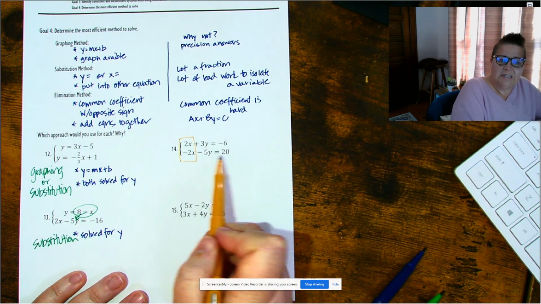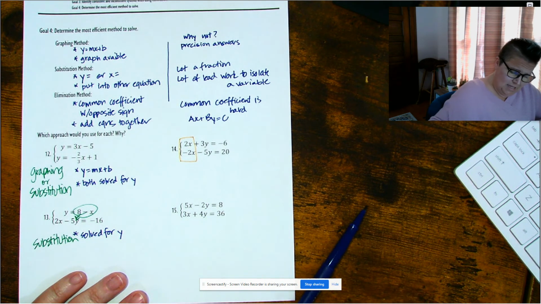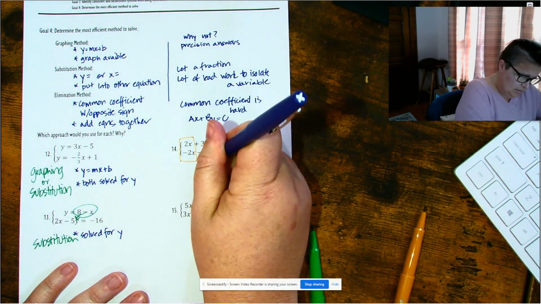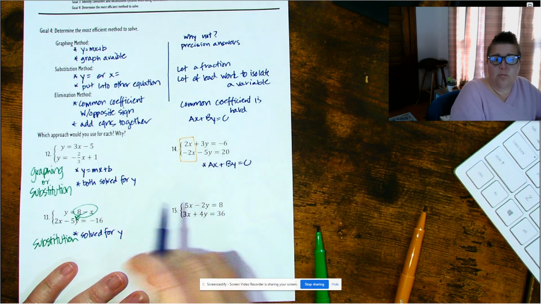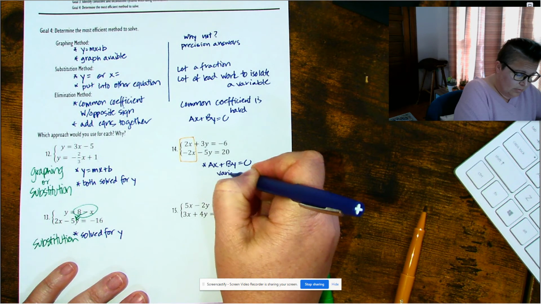In a similar fashion, looking at number 14, where I've got a 2x and a minus 2x, this guy is already in the form ax plus by equals c. So both equations, in other words, the variables are lined up.